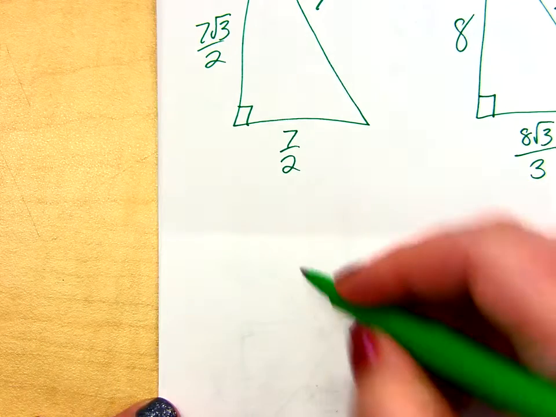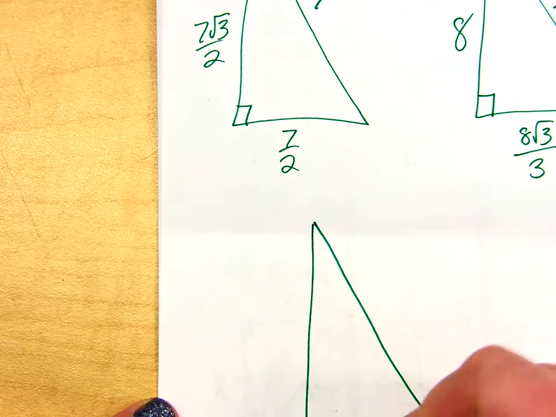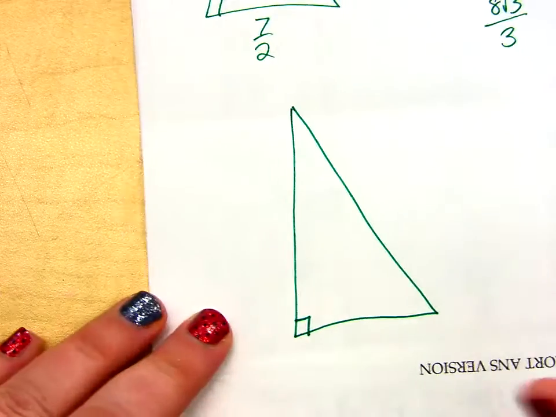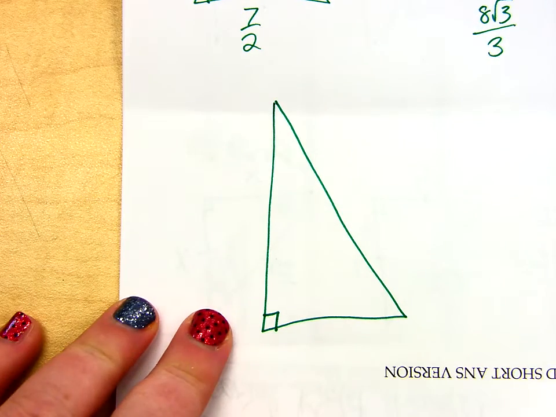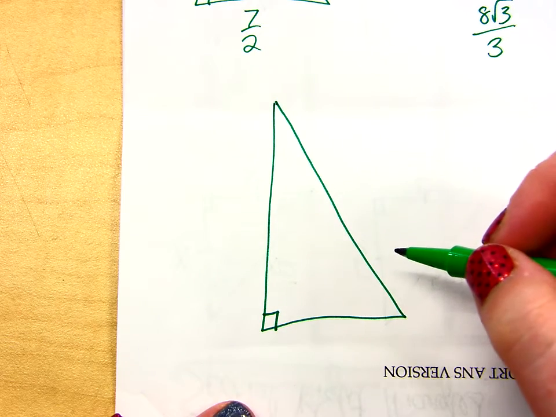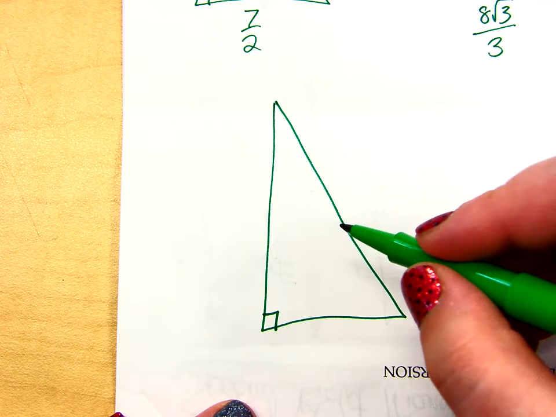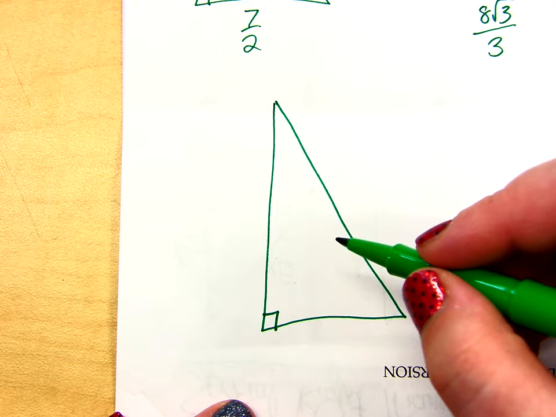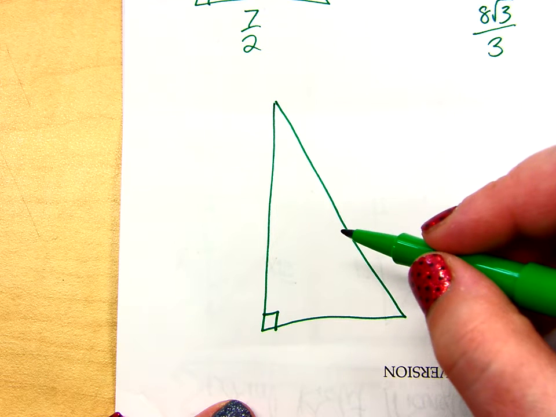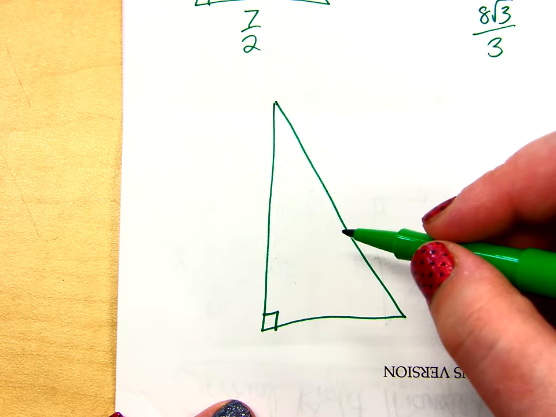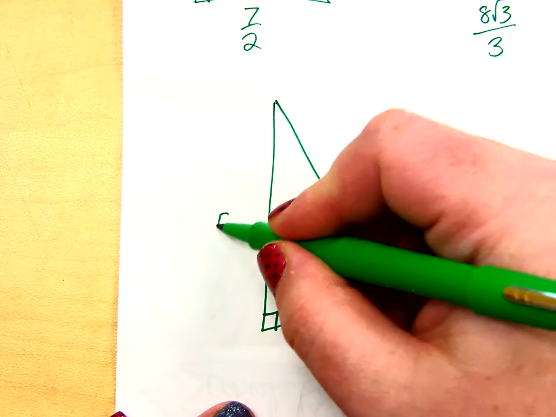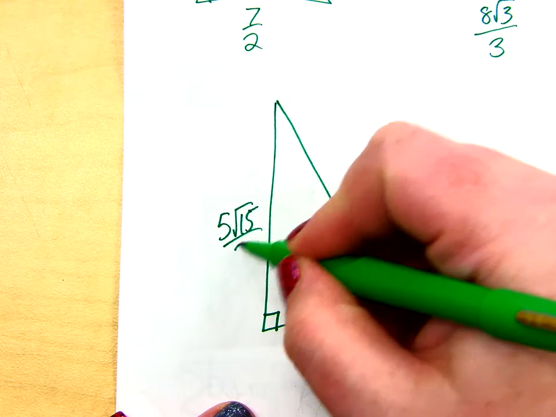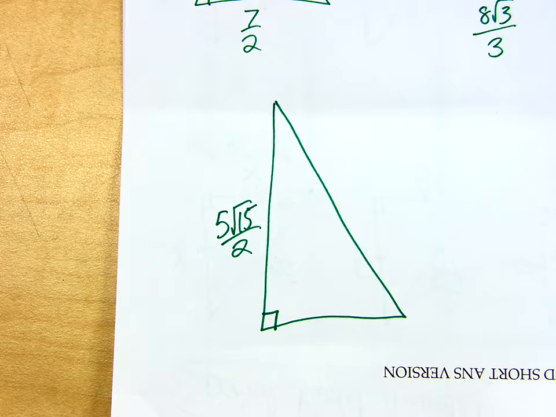Okay, let's try one more interesting combo. What if it's 5 root 15 over 2 is your big side, or medium side. 5 root what? 5 root 15 over 2 is your medium side. Okay. And you divide by root 3.